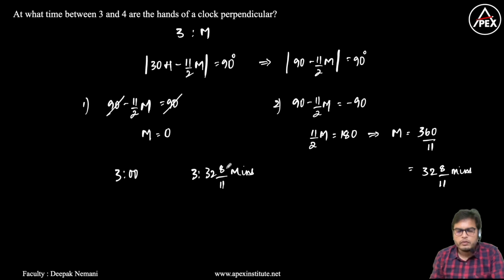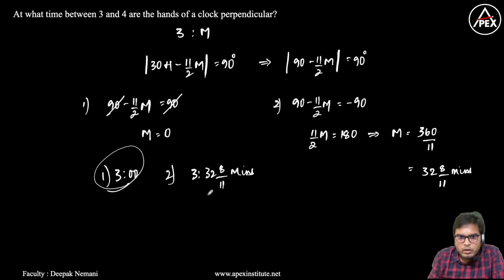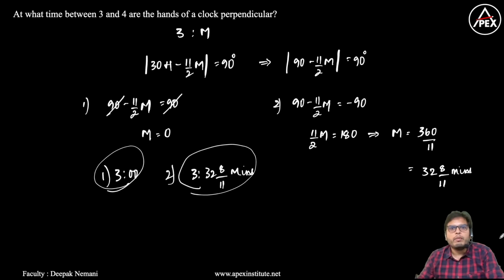So if you observe, in the previous two questions, you have only one definite time, because in 1 hour, you have both the hands of a clock being opposite to each other or coinciding with each other only one time. Whereas in 1 hour, the two hands of a clock will be perpendicular 2 times, and that's the reason you have 2 different timings here. So exactly at 3 o'clock and 3:32 8/11 minutes.